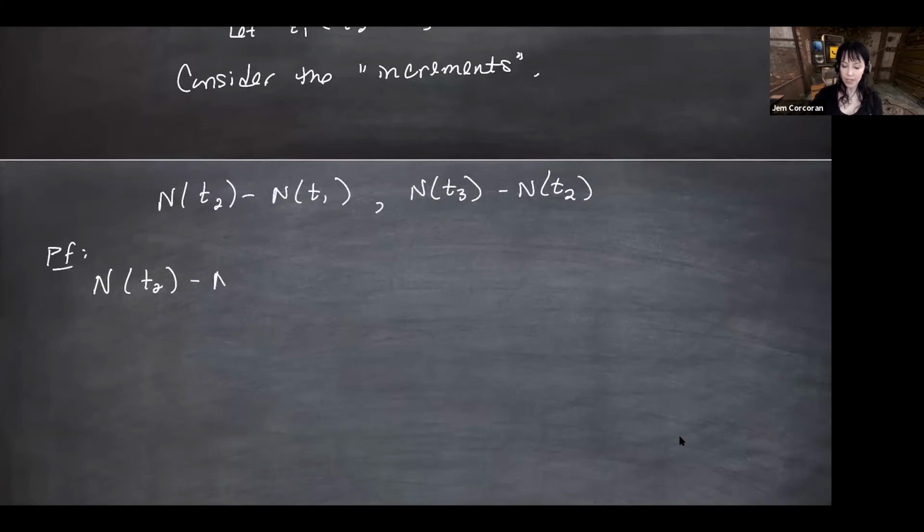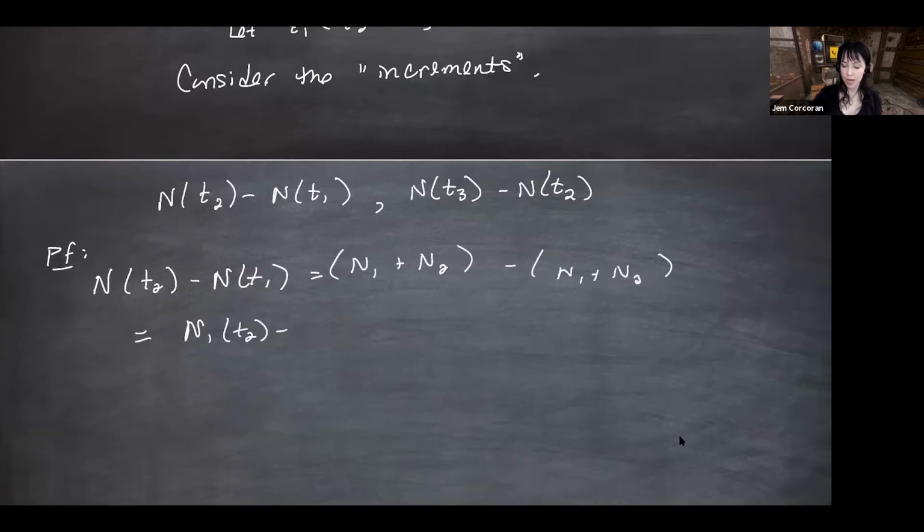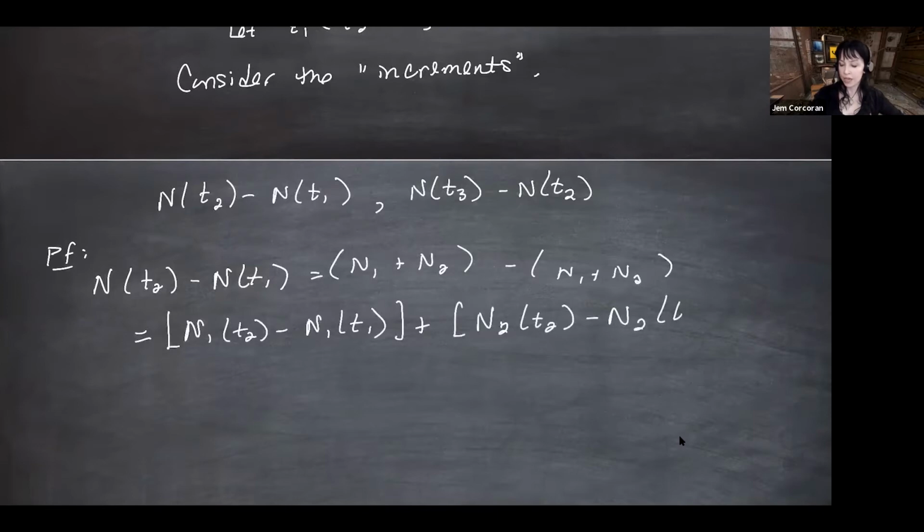If you look at N of T2 minus N of T1, then this is an N1 plus N2, and I'm being really sloppy here, evaluated at the different times. But we can group these together. So we have N1 of T2 minus N1 of T1 plus N2 of T2 minus N2 of T1.